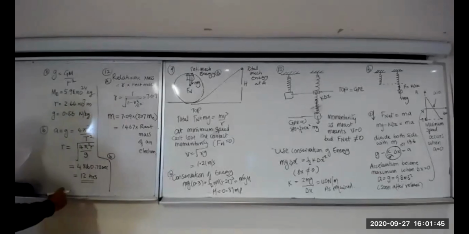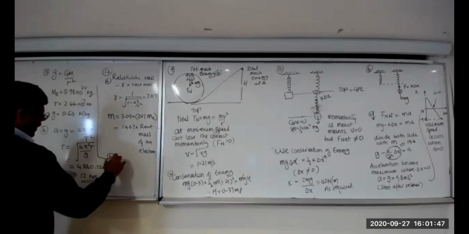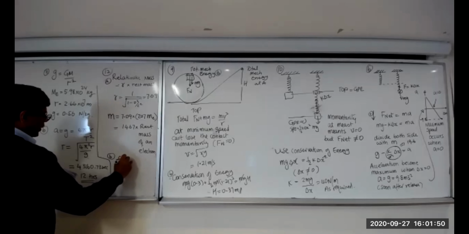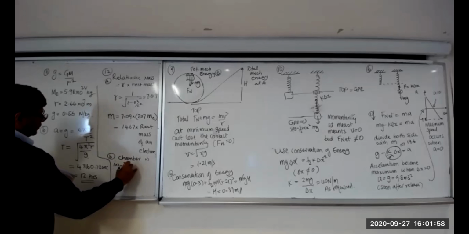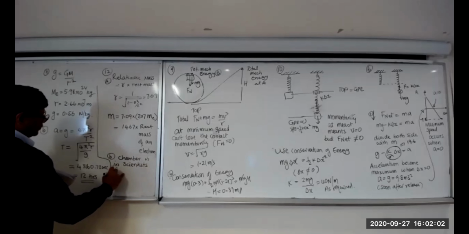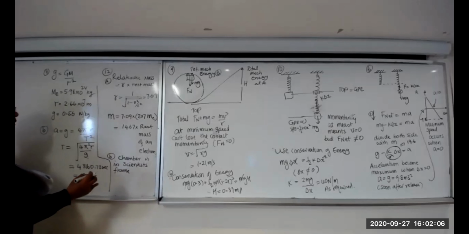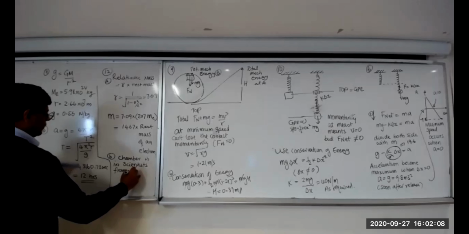Part B. So the chamber is in a scientist's frame of reference. So the scientist will measure proper length. So that means 1,000 meters, that's a proper length.